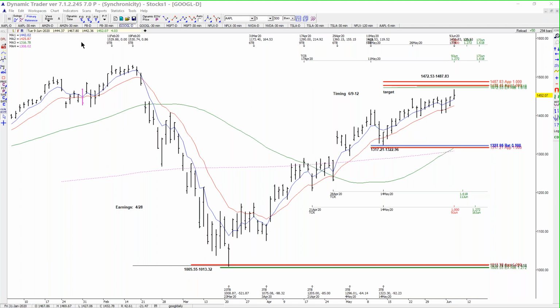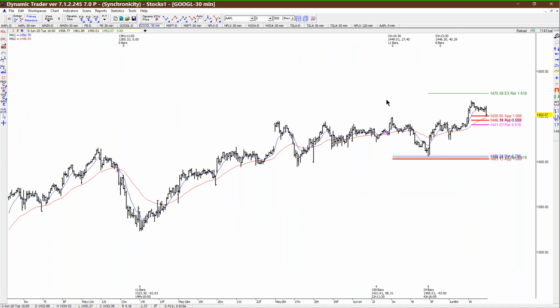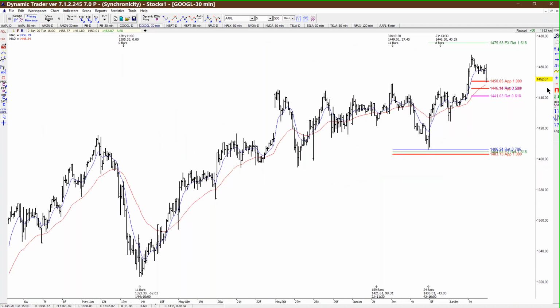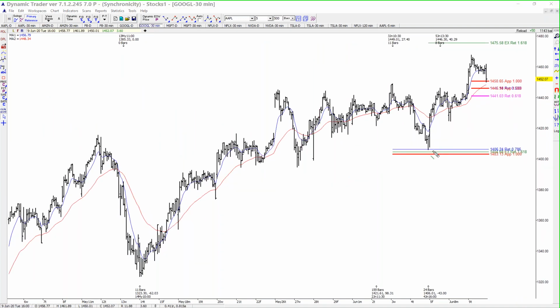So right now, more of the work has been done on the shorter term charts. A lot of times when I don't have something setting up on the daily chart, I just look for secondary entries against the original setup on the lower time frame. So this didn't show up on the daily chart, but it certainly showed up, for support at 1403 to 06 here. And we definitely met target number 1 off of that.